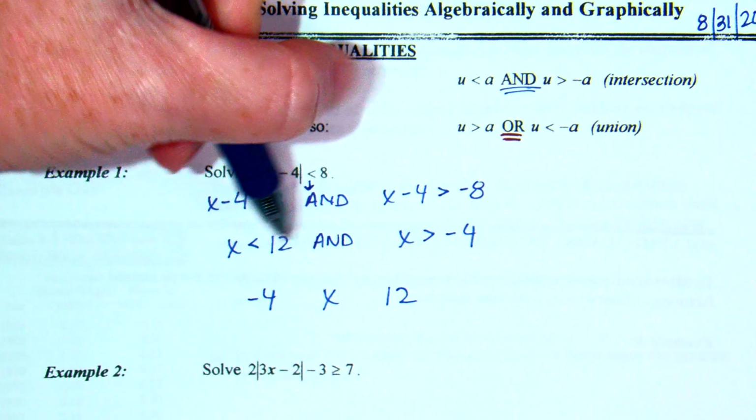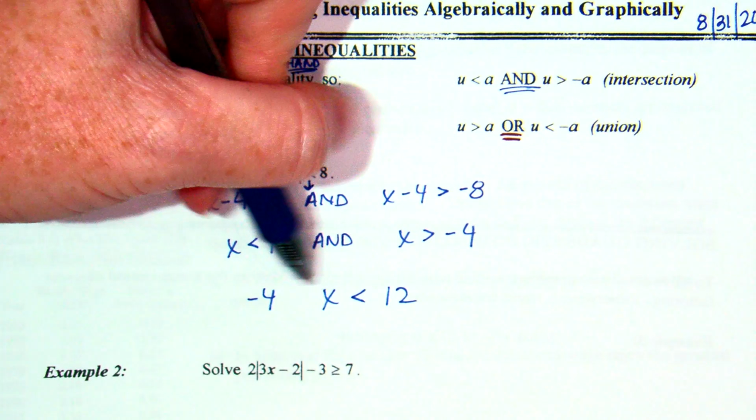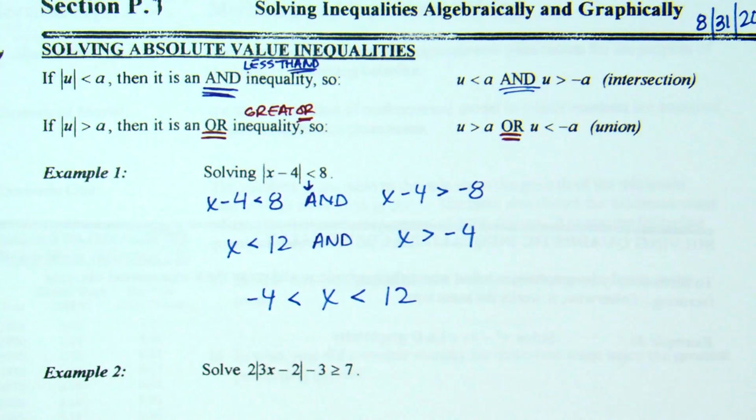So I'll put negative 4 first, 12 last, and if you look, x less than 12, that sign just carries down, right? X less than 12. The negative 4 and x flip-flopped, and so my greater than sign flip-flops to a less than sign. In a compound inequality here, your signs always both face the same direction.